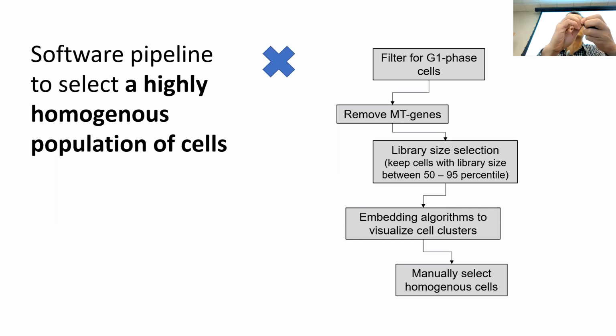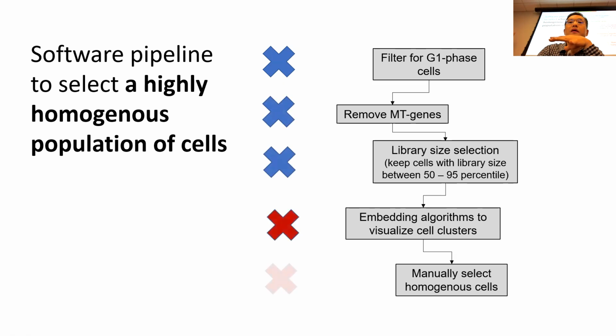We also filter out and discard mitochondrial expressed genes, and then focus on cells with a narrow range of library size. And also we did embedding, and then looking at the embedding, manually picked a group of thousands of cells which are highly homogeneous.